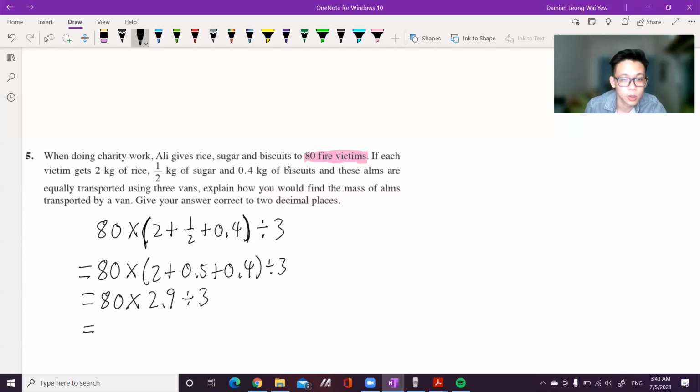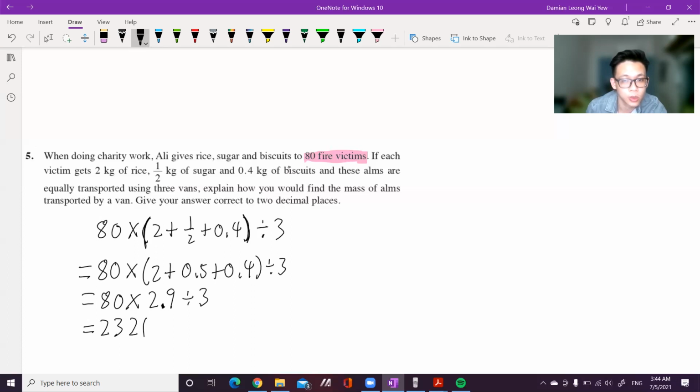Okay. So when I multiply decimal with integer, basically just take 80 times 29. Okay. 8 times 29 is 232.